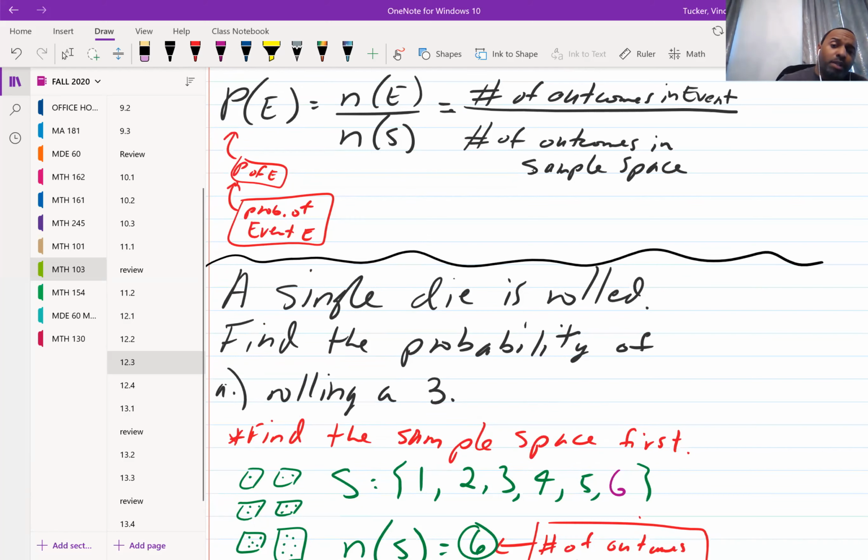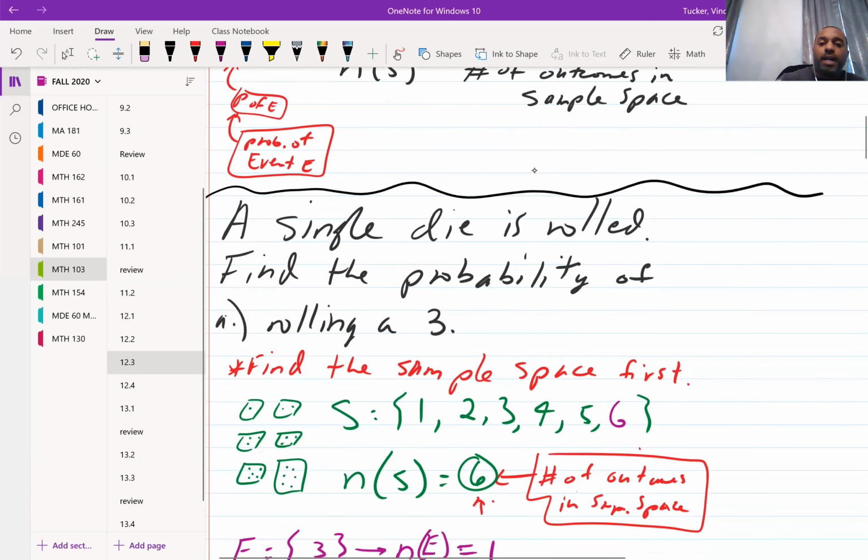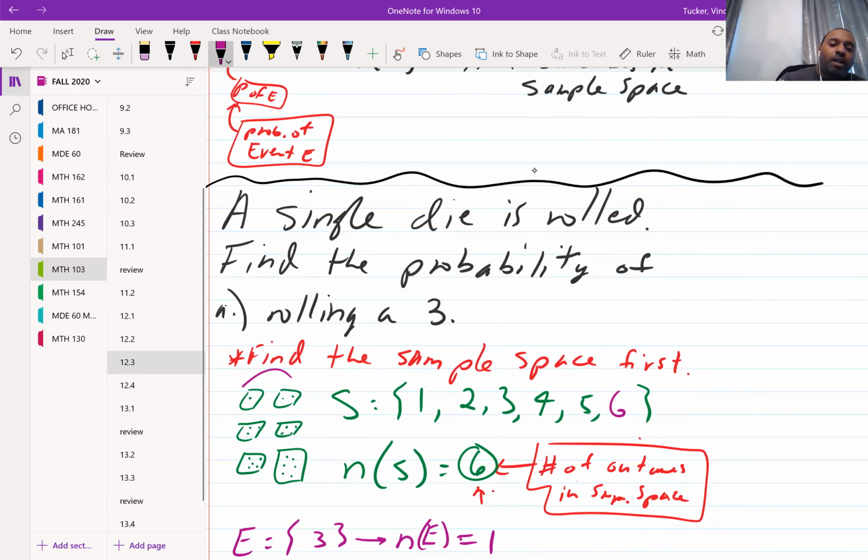Whenever dealing with probability, it's always easiest to find the sample space first. In other words, establish your total number of outcomes, or all of the outcomes possible. So when rolling a die, if you have played a board game or done other things with dice, you know that you have 6 faces, 1 through 6.